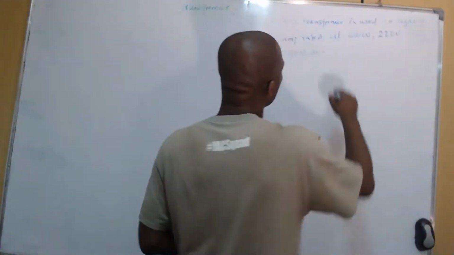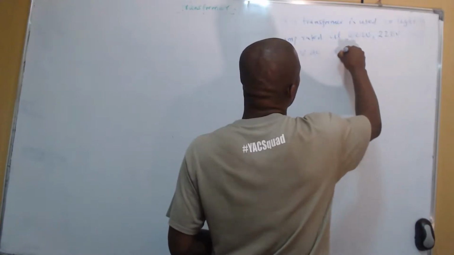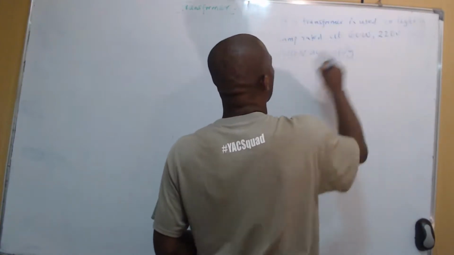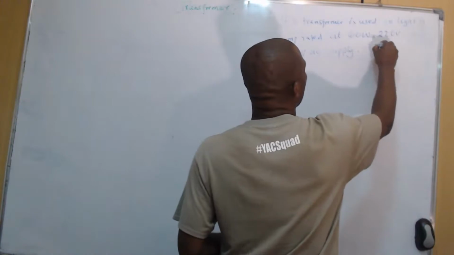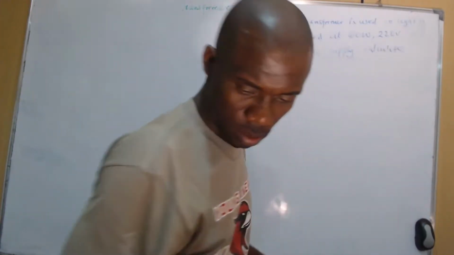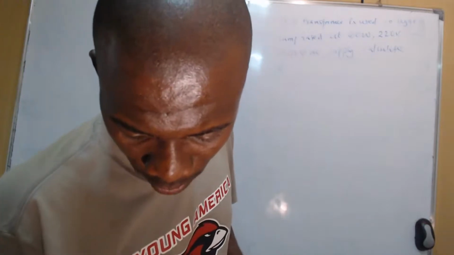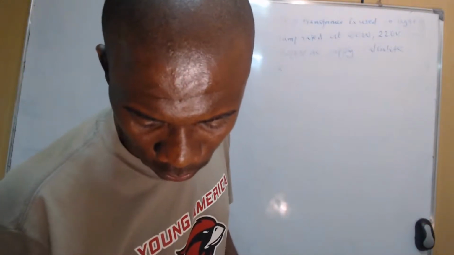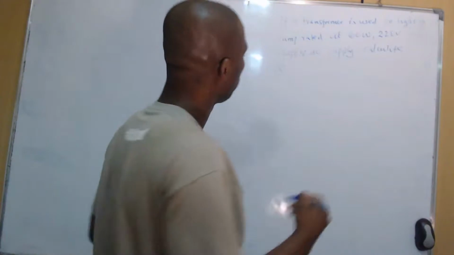Calculate A, the ratio of the number of turns of the primary coil to the secondary coil.